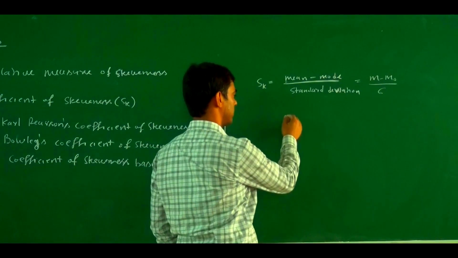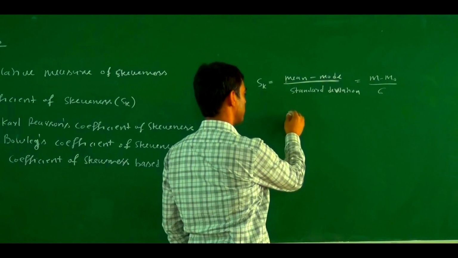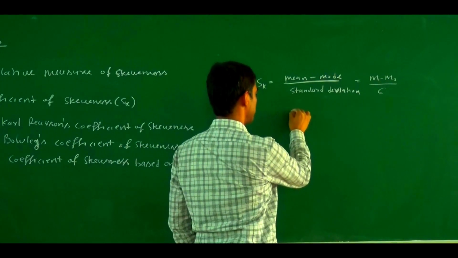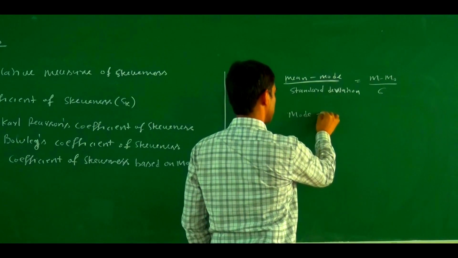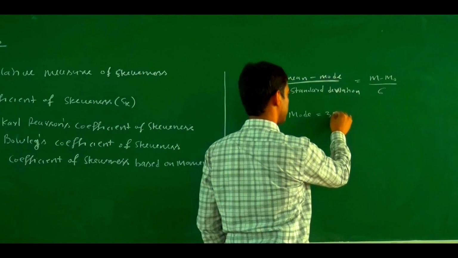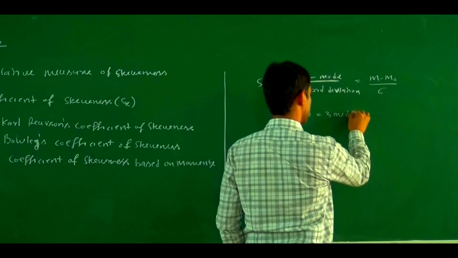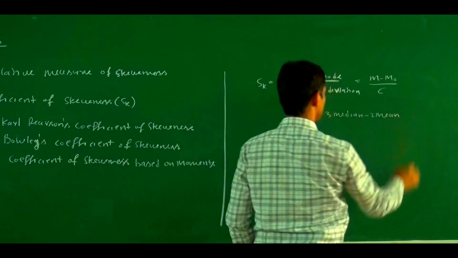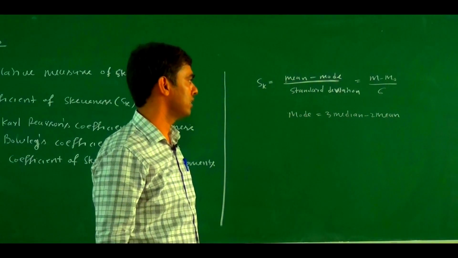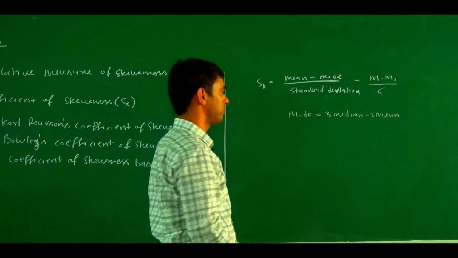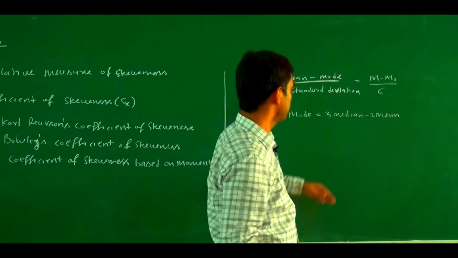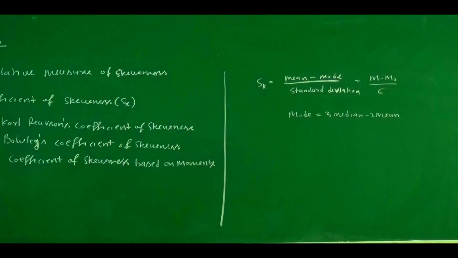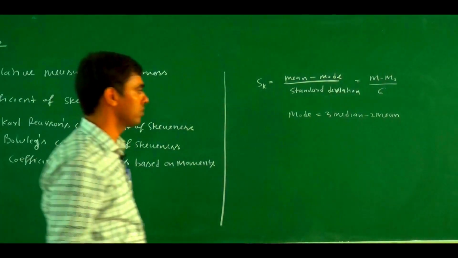Also we know the value of mode: mode equals 3 median minus 2 mean. We can verify this: 3 median minus 2 mean equals mode.